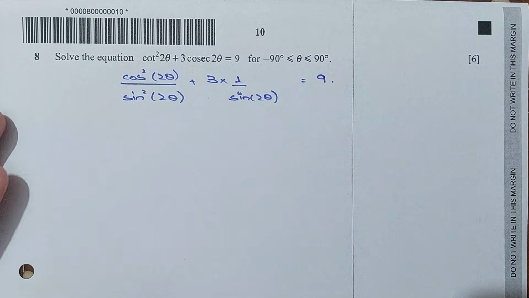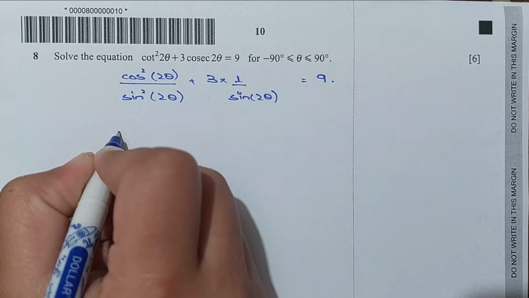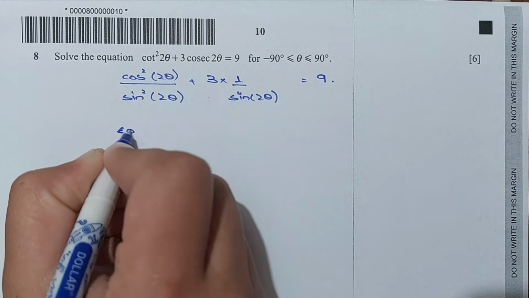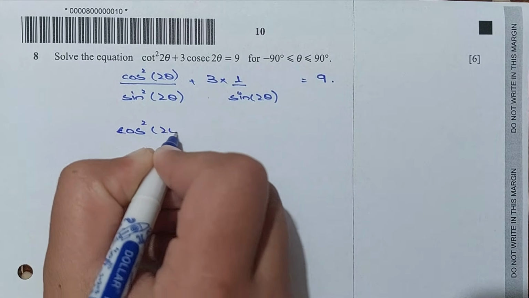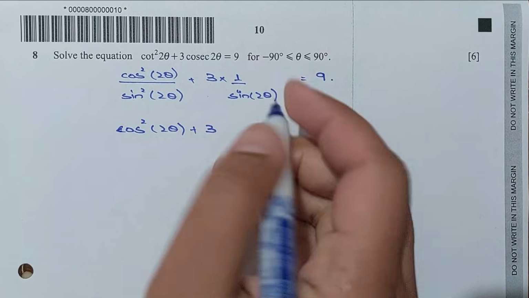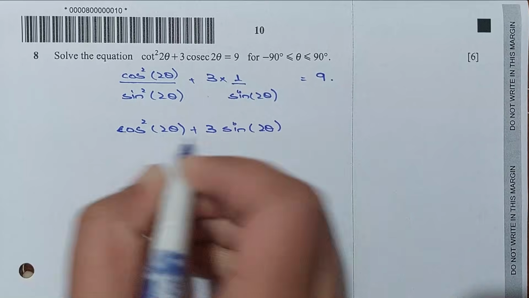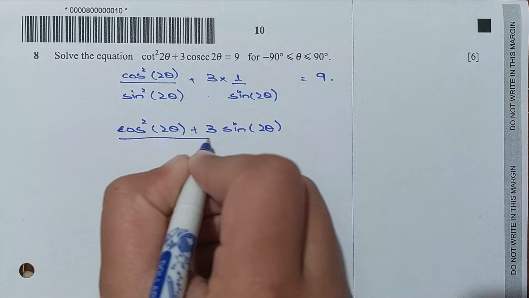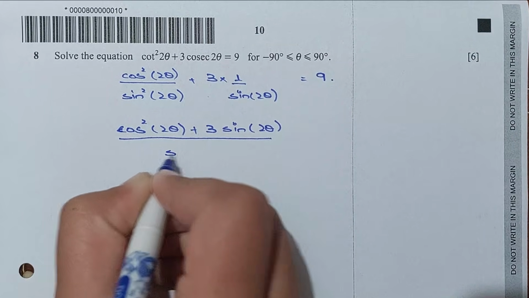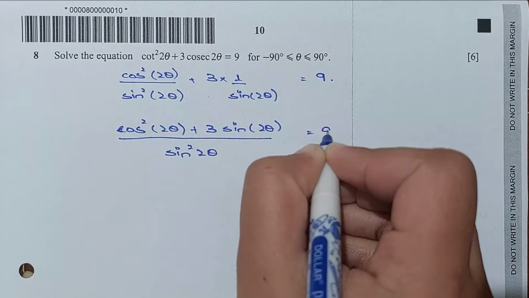All right, so let me take sine square 2 theta as an LCM. So we have cos square 2 theta plus 3 sine 2 theta divided by sine square 2 theta equals 9.